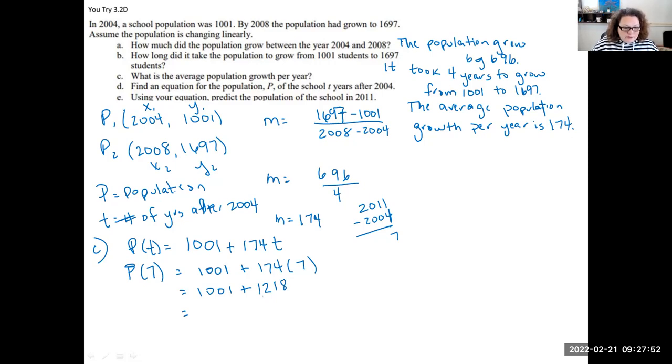So that's 2,219. So the population, to answer E, the population in 2011 would be 2,219.